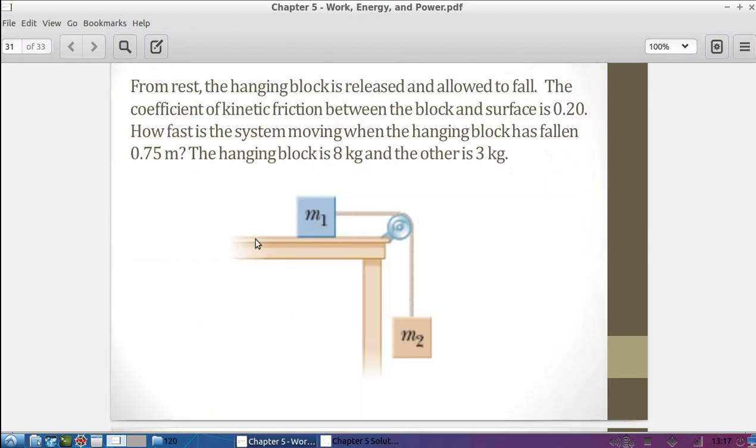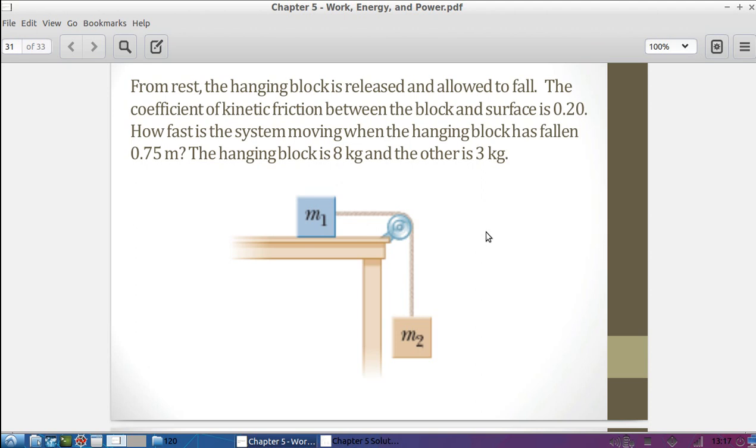So these next two problems might look a little familiar to you. They're images of problems from chapter 4, Newton's second law. We're going to release this system from rest. I made the hanging block larger than the block that's at rest, so we can intuitively predict that M2 is going to pull M1 to the right.